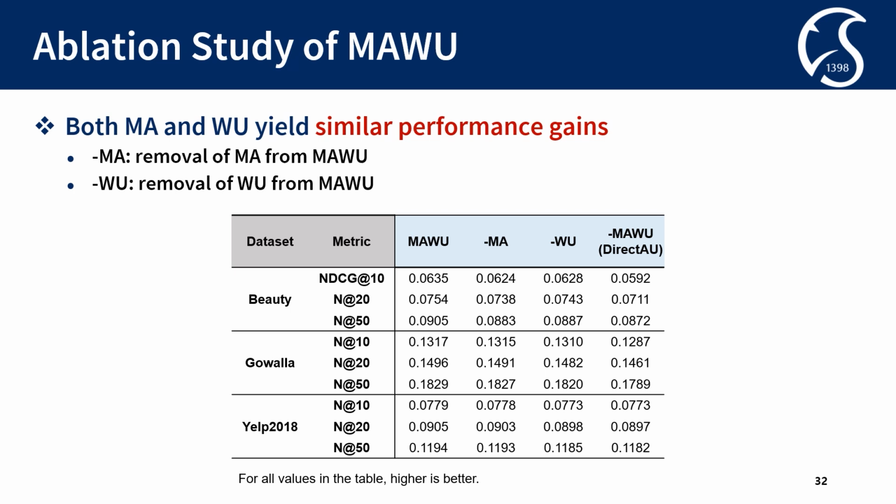Interestingly, on Gowalla and Yelp, we found that the performance of MA and WU decreased slightly when only one of them was removed. This suggests that using both MA and WU is effective in learning better user and item representations.